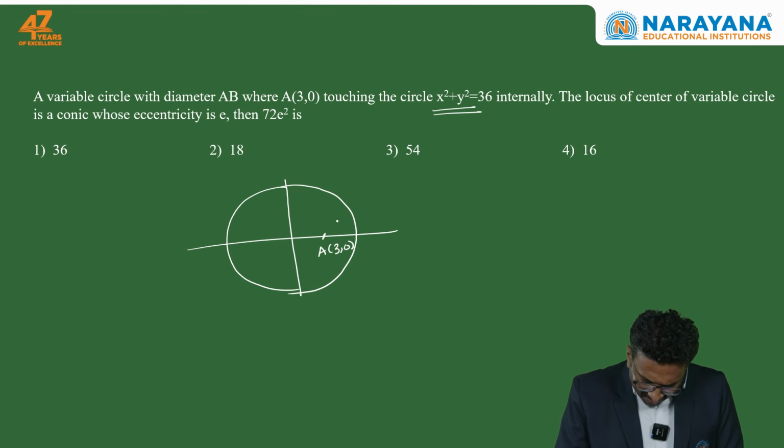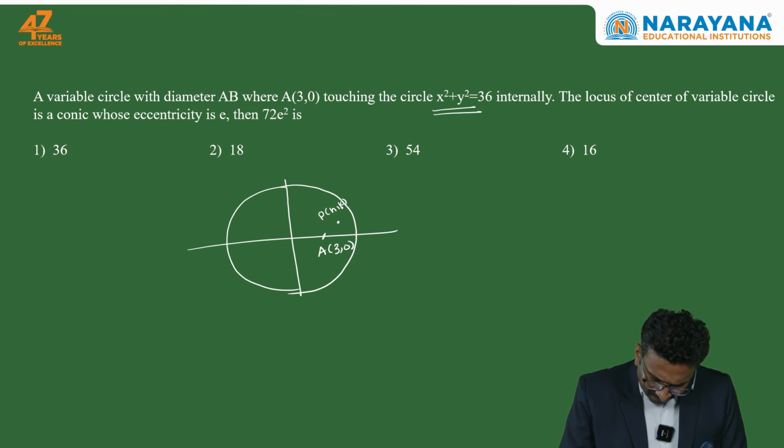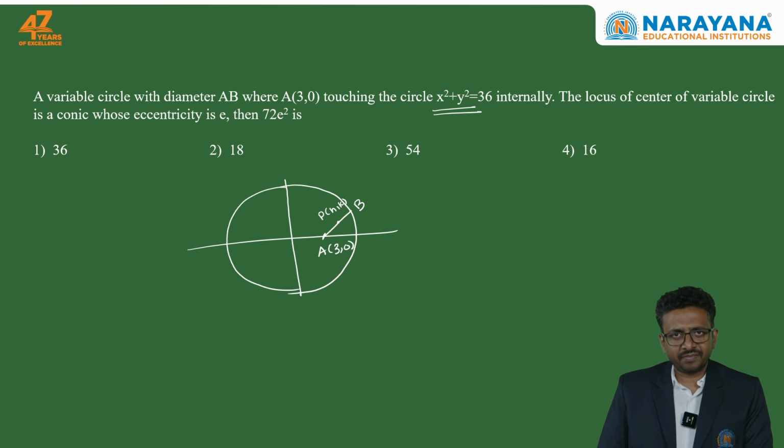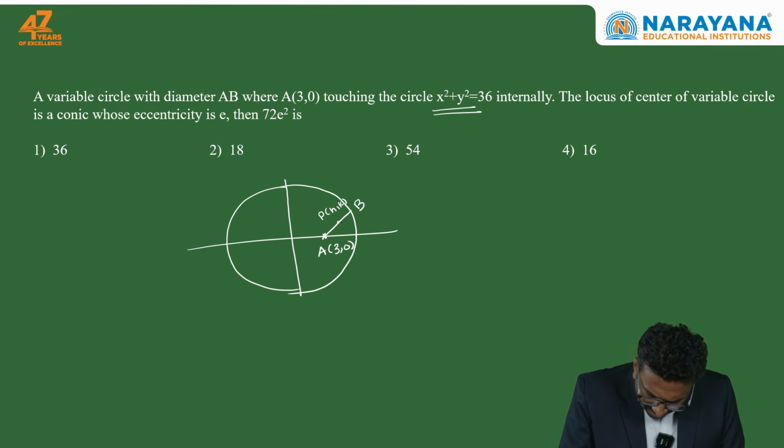So let h comma k be the center of the circle. That means because AB is the diameter, B point will be like this. We are given that these two circles are touching each other, right? So this is how the diagram looks like.